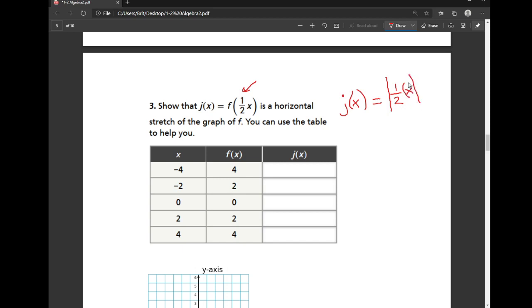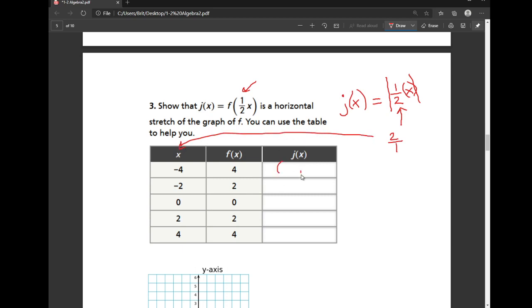Okay, and I'm going to factor that out. Put that x in parentheses, so remember I already factored it. So then this is a horizontal change. So what I'm going to do is flip this fraction upside down. I'm going to call it 2 over 1. And then I'm going to multiply it to the x's.